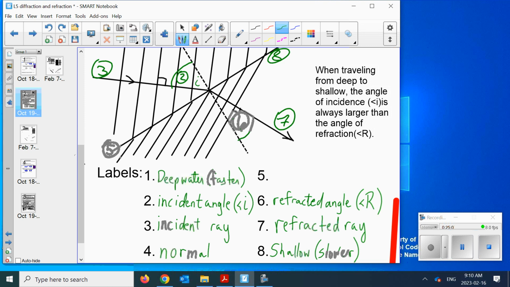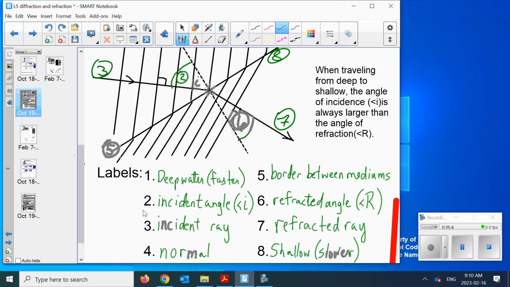Now, we need a word for 5. That's the border between the two mediums, right? It's where the medium changes here. I want to just see what I used as the word the last time I did this.